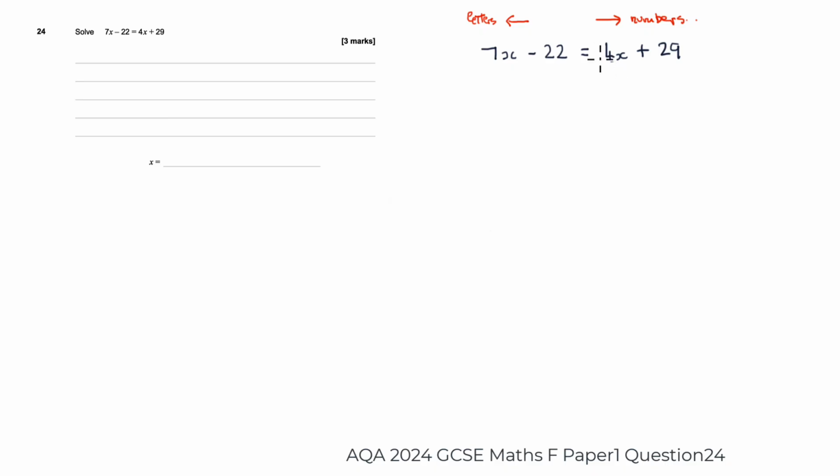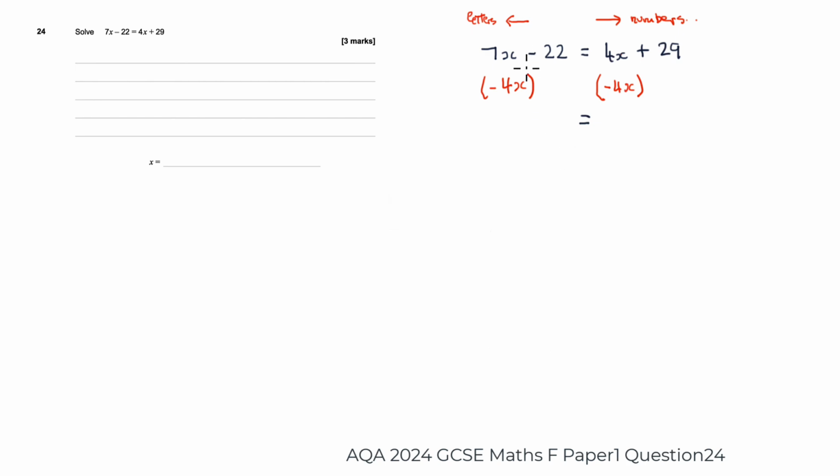And it's an adding 4x, it's a positive 4x. So what's the opposite? How do we destroy an adding 4x? We would take it away. So the action we're going to take is to take that 4x away from the right hand side. What must we do on the left hand side? Exactly the same. So we'll take away 4x from the left hand side, and it'll still be balanced. We'll still be able to put an equal sign in the middle.